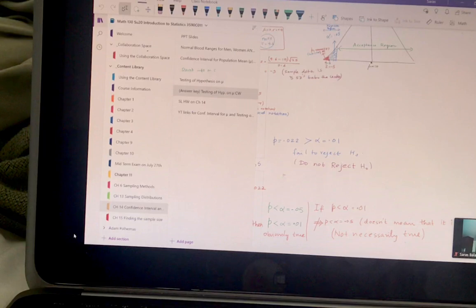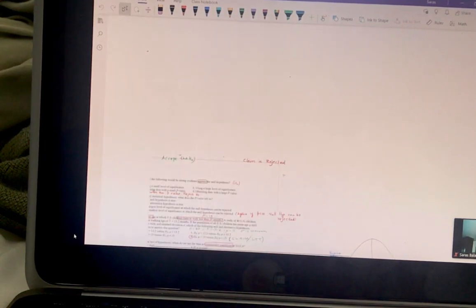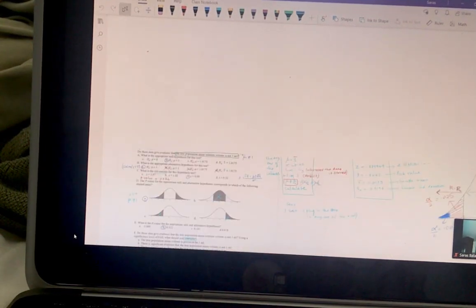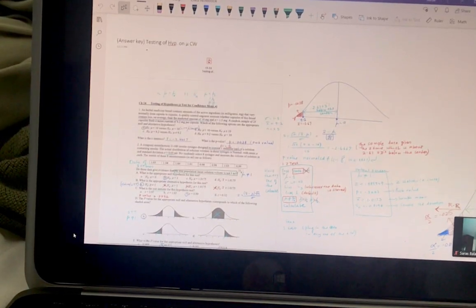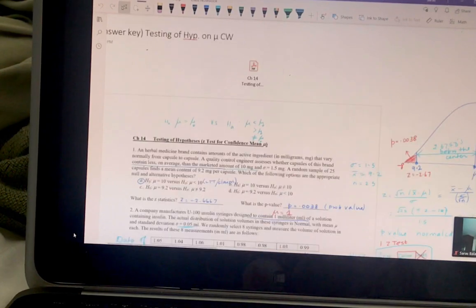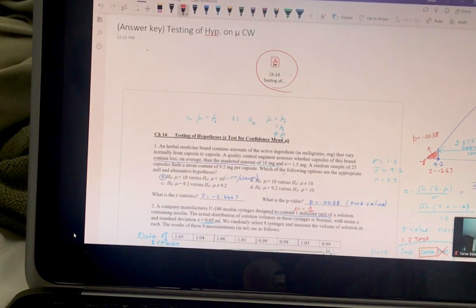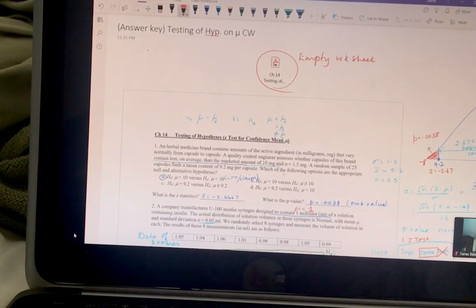So let's see the answer key, testing of hypothesis on mu. Again, as I said, if you click onto this PDF, you will get the empty worksheet. You can download it and do the problems for learning better.